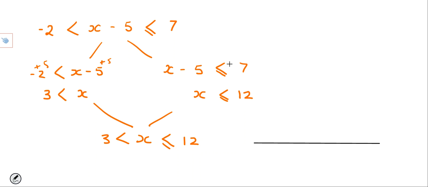I have a line here that says 3 and a line up here that says 12. What goes above this one? A circle. And then this one? A dot. And this time no arrow, just a line, because it's got to be between those two points.